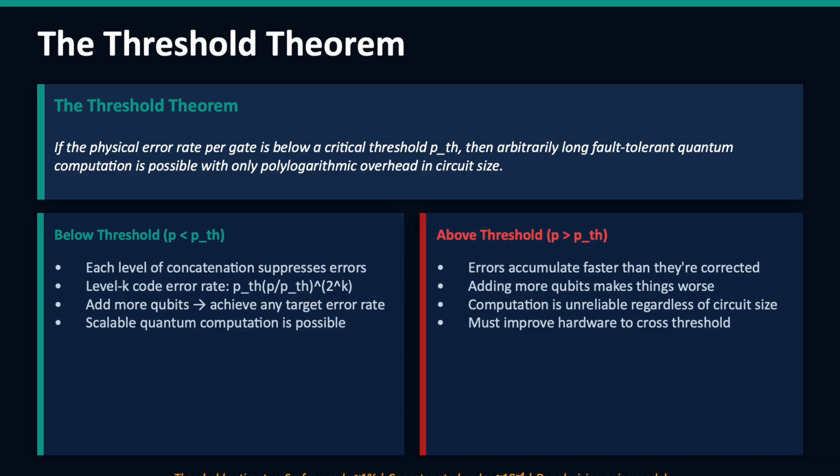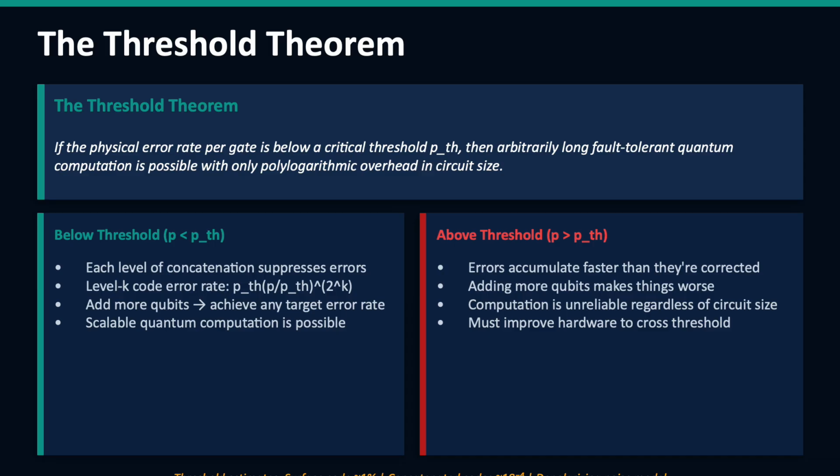The theorem states that as long as the error rate at each physical component, each gate, each qubit, each measurement, is below a certain threshold value, you can perform computations of arbitrary length and complexity reliably. The keyword is arbitrary. With enough physical qubits, you can push the effective logical error rate as low as you need, regardless of how long your computation is.